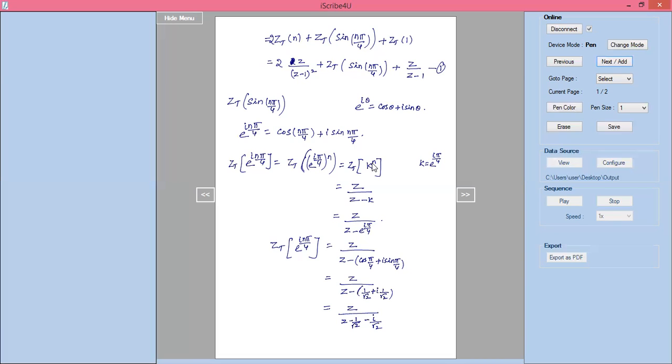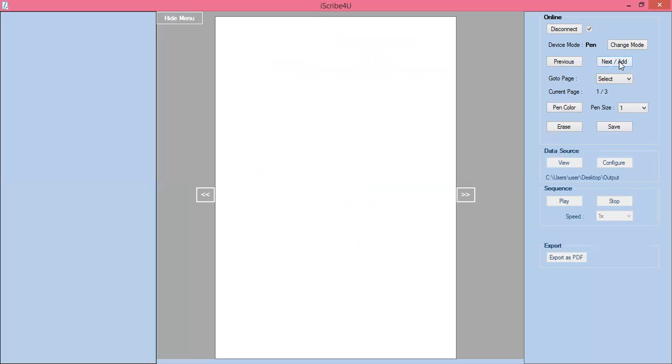Now we'll take the LCM and simplify. The Z transform of e power i n pi by 4 equals z into, we'll rationalize that. The denominator term we know is z minus 1 by root 2 minus i by root 2.